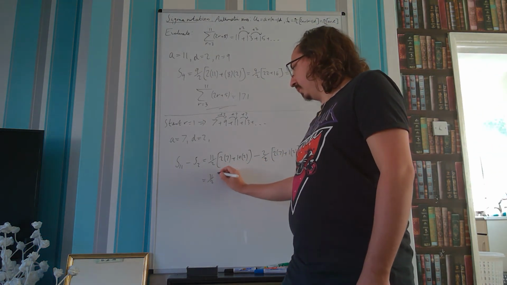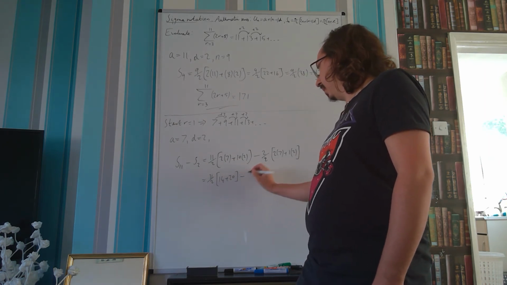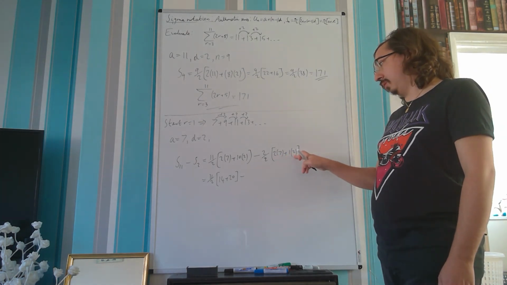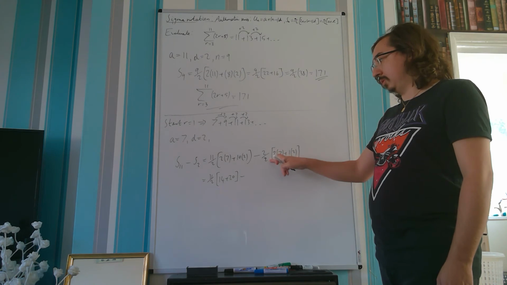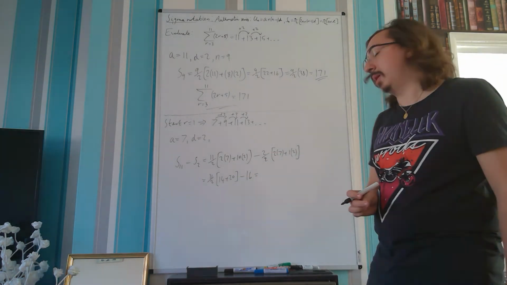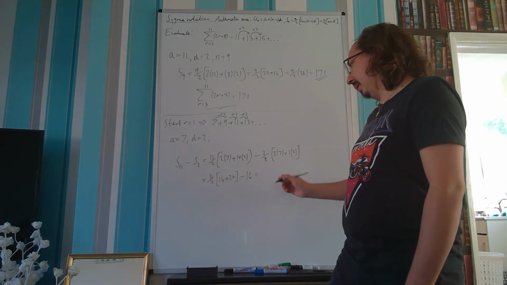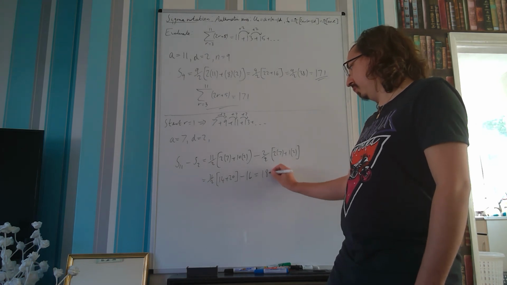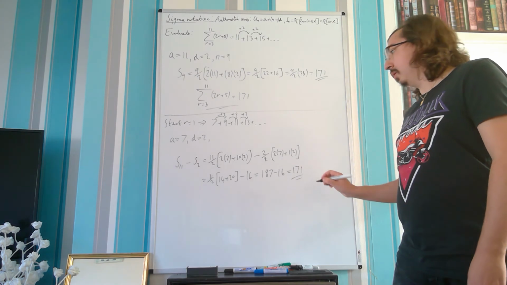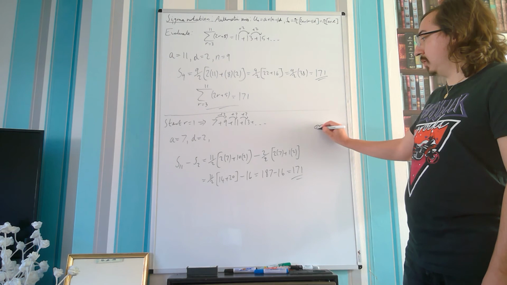So you've got 11 over 2 times 14 plus 20, minus 2 times 7 is 14 plus 2 times 1 is 16. 2 over 2 is still 1, so you're just subtracting 16. 14 plus 20 is 34, divided by 2 is 17, times 11 gets you 187, minus the 16, which is 171.